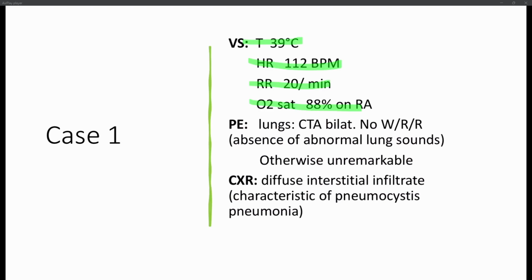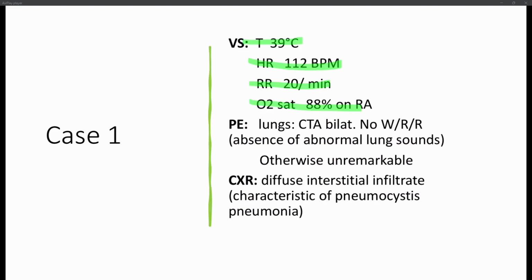Remember this? Or not sepsis, but the systemic inflammatory response syndrome. What are a couple of those parameters that you have to have? High heart rate. What else? Fever, respiration rate, white blood cell count, which we don't know yet, but we're getting there. But we already have 3 of them, so we know he's got SIRS.